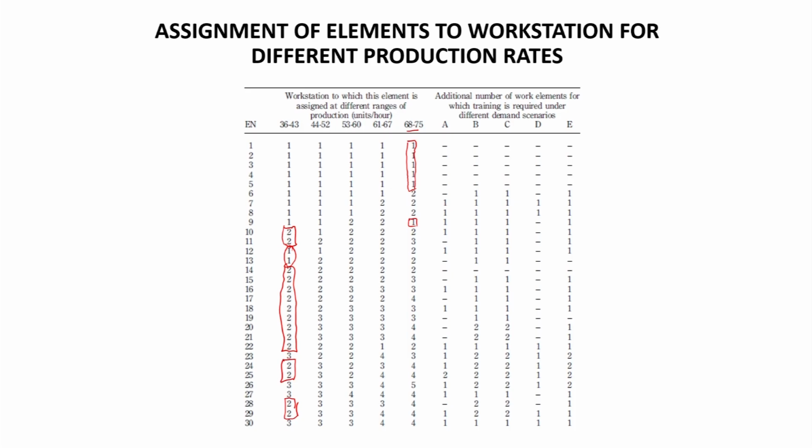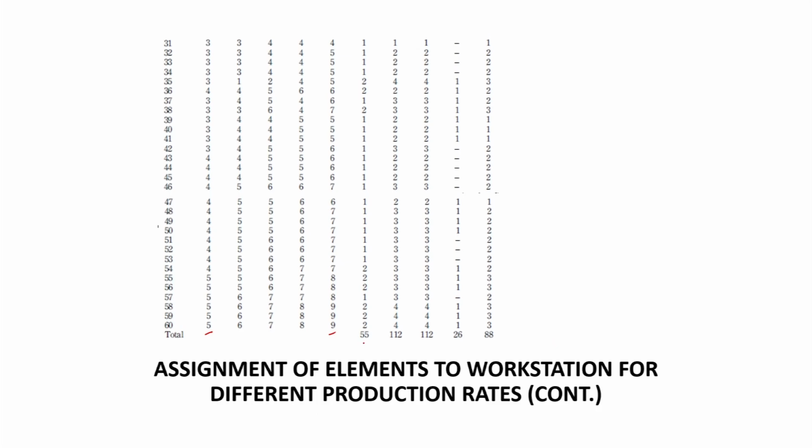Like this, element number 11, for this particular production rate, is always coming on workstation number 2, so training is not required, but in some cases it is coming on 3 also. So, additional training is required. In that way we have determined the training needs of these elements, how many more persons or workstations need to be trained for different elements, and based on that we can calculate the total training need.